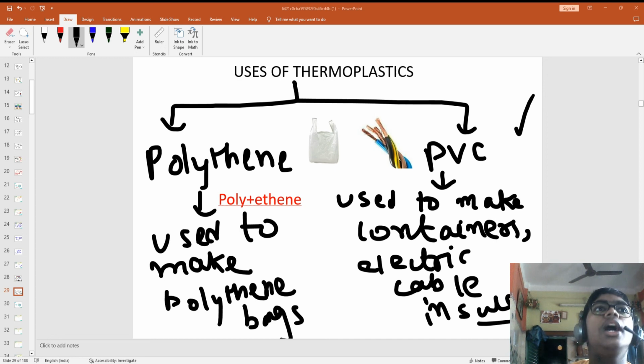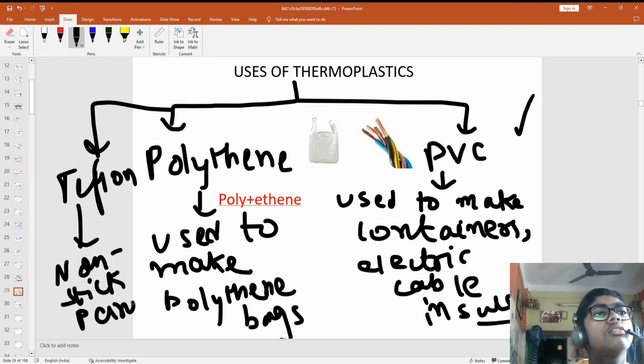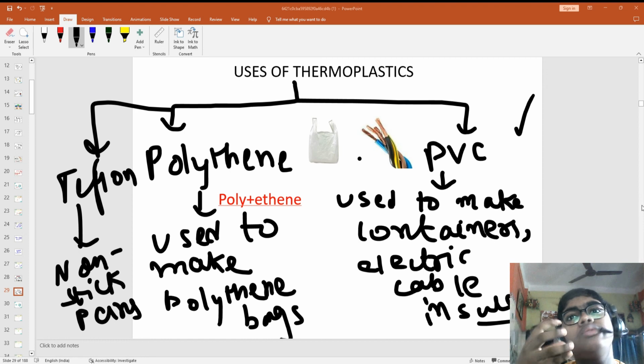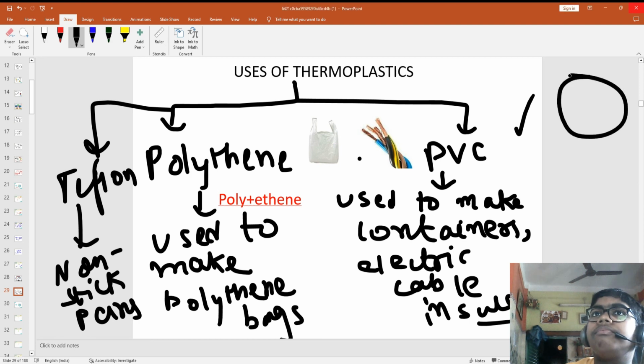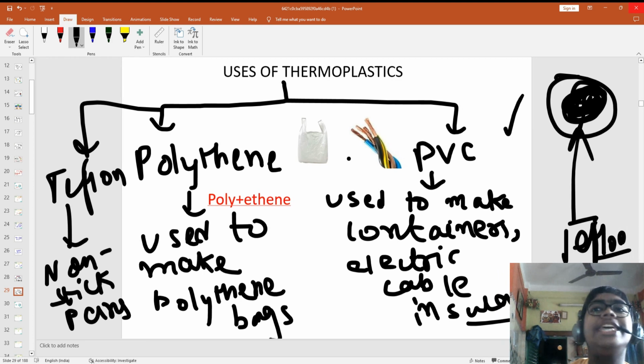Two types we have learned: polythene and PVC, and now we have learned one more, that is Teflon. Teflon is used for non-stick coating on pans. Have you seen non-stick pans? The non-stick part of a non-stick pan, because of which the food does not stick, that is made up of Teflon. Therefore all non-stick pans are made up of Teflon.